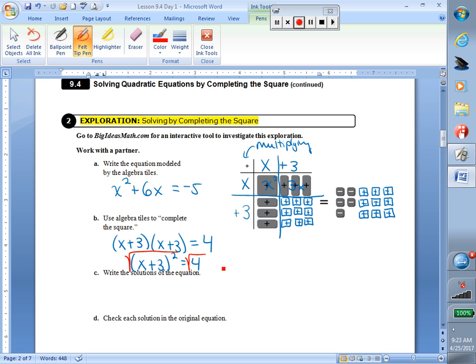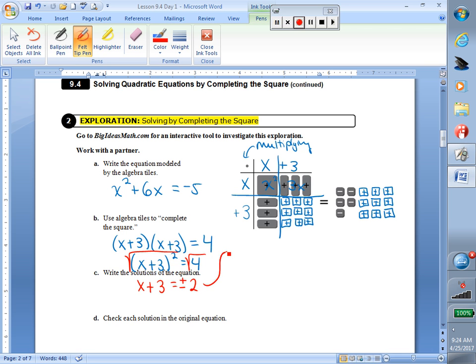This one's a really nice refresher for us from 9.3. Solving this type of equation with square roots, I know, was one little area of struggle for us in 9.3. Taking the square root of the left side just undoes the squaring, so we're left with x plus 3. And then when I take the square root of 4, that could be positive or negative 2.